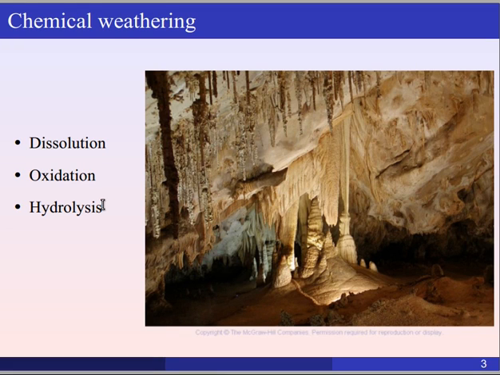But one that's not so familiar to you is hydrolysis. And the key thing about hydrolysis is that it is one of the things involved in converting feldspar to clay. So when we talk about the formation of soil, it turns out having clay content is super important. When the feldspar breaks down into clays, those clays hold moisture and they hold nutrients in place so they don't just drain right on through like they do from sand.